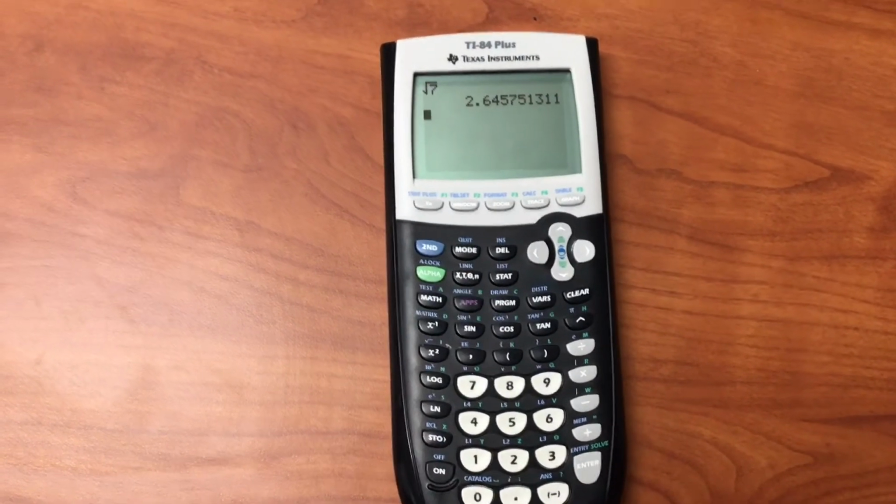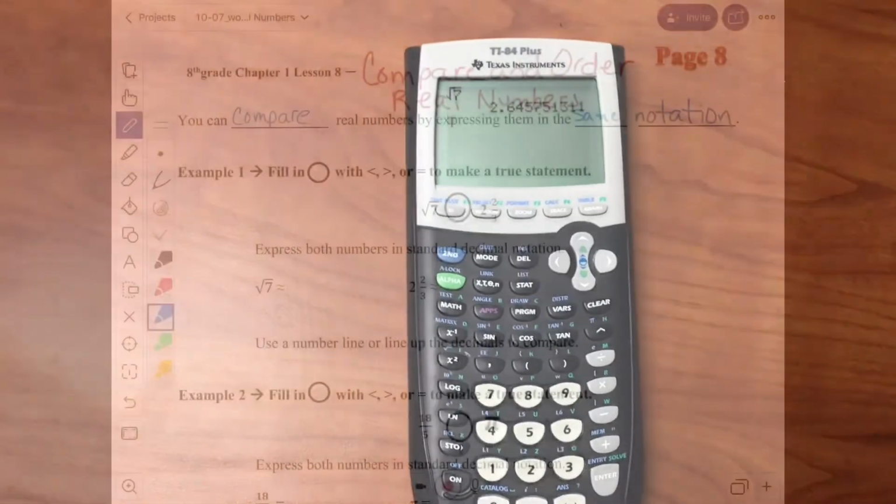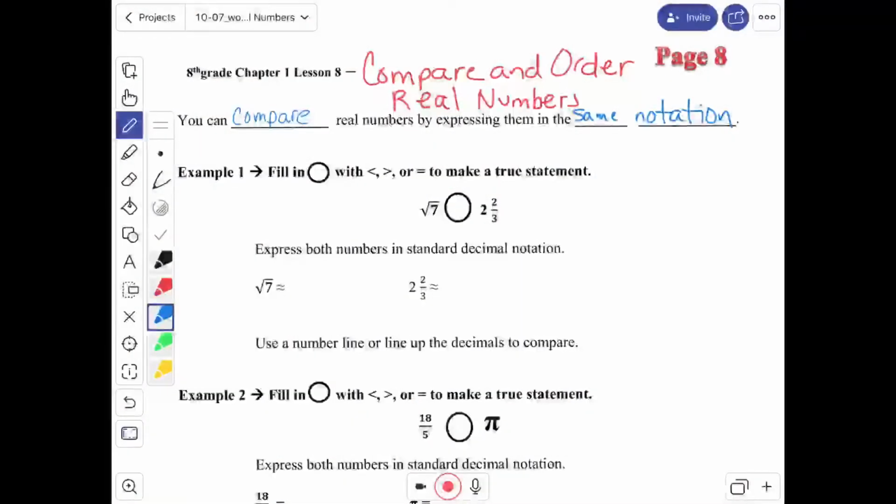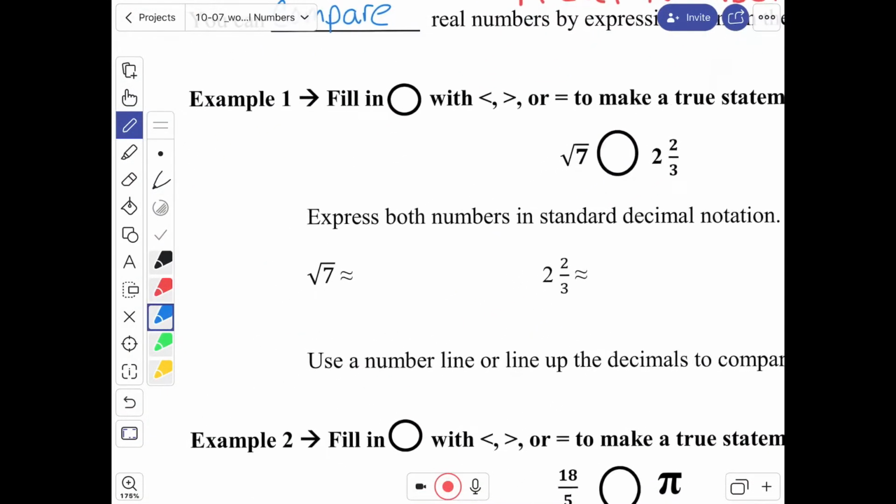So if you have a calculator, you might want to use it. We just put the square root of 7 in the calculator, and we got 2.6457. We don't want to write all of those numbers. We usually only need to the hundredths place, which is the third number. And 2 2/3, we should have that one memorized.